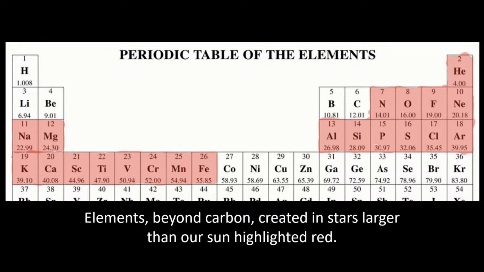Remember that the heaviest element a massive star may produce before it finally dies in a supernova explosion is iron, because that is the heaviest element that may be fused from lighter ones and produce some amount of energy for the star.